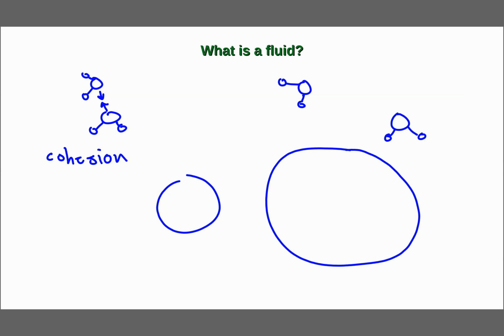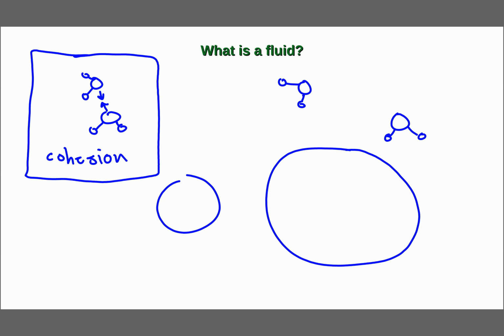The volume and the shape of the gas will change depending on its circumstances. So liquids and gases are both fluids, but the ability of gases to readily change their volume in addition to changing their shape constitutes a difference between the two. Okay? And this difference comes from this cohesion. Liquids have cohesion, the molecules are attracted to each other.